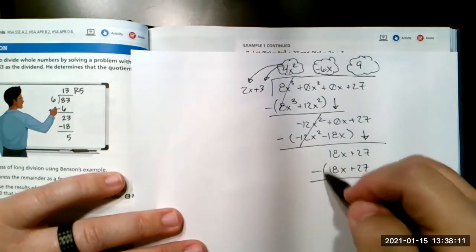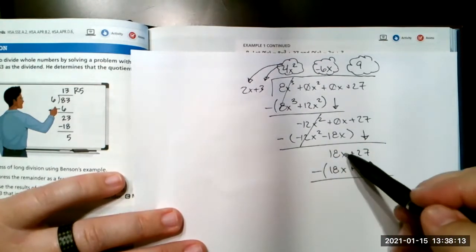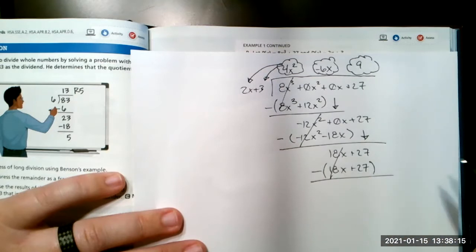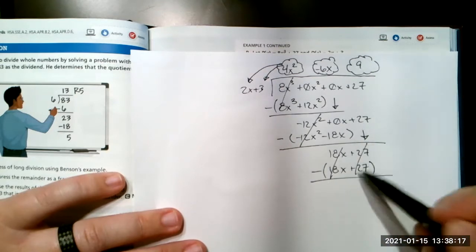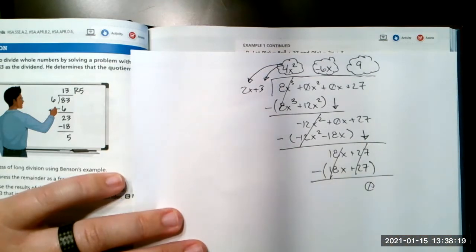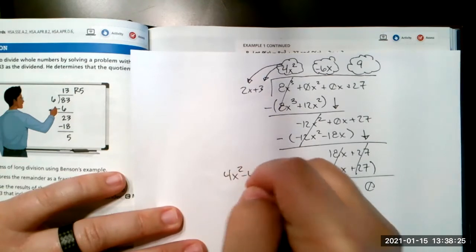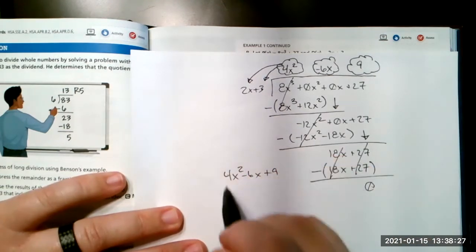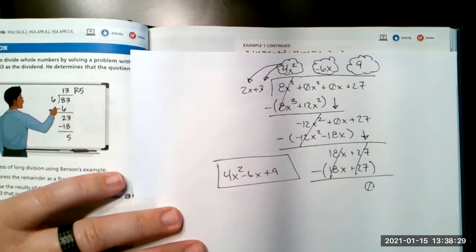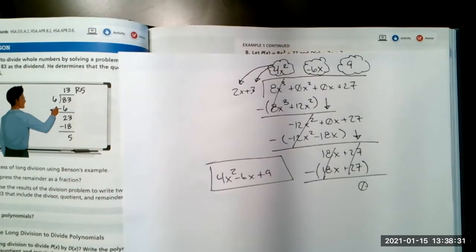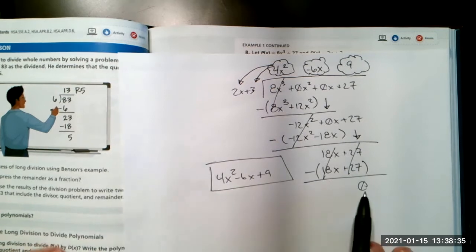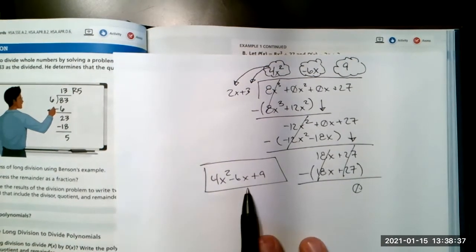When I go to subtract both of those terms, 18x minus 18x is 0. 27 minus 27 is 0. So in this case, I've got a nice answer. I don't have any remainder. So my answer is 4x squared minus 6x plus 9. No remainder. You don't need 0 divided by 2x plus 3. You don't need remainder 0. If your remainder is just 0, you just leave it blank.